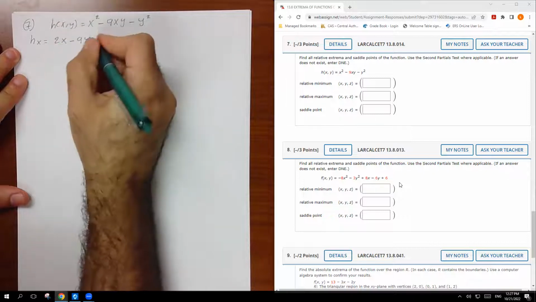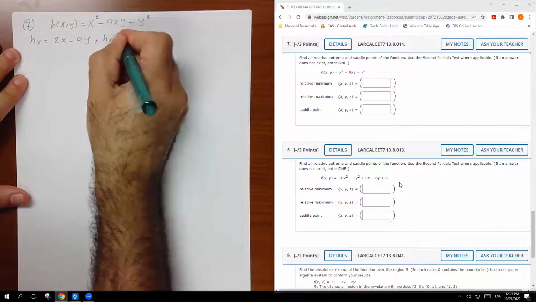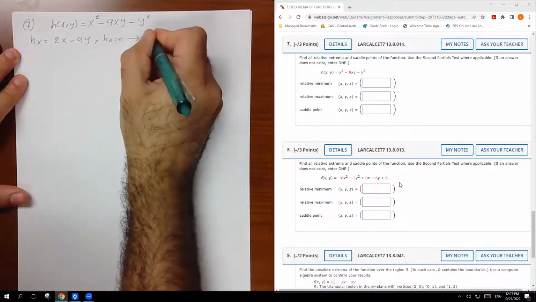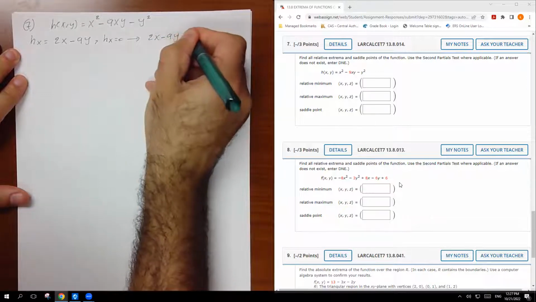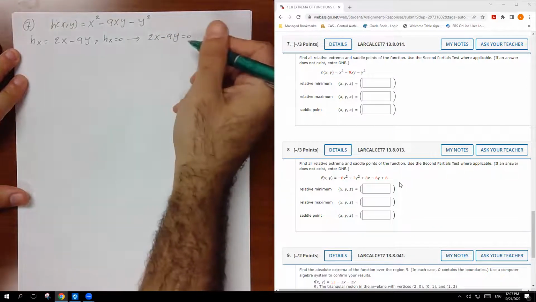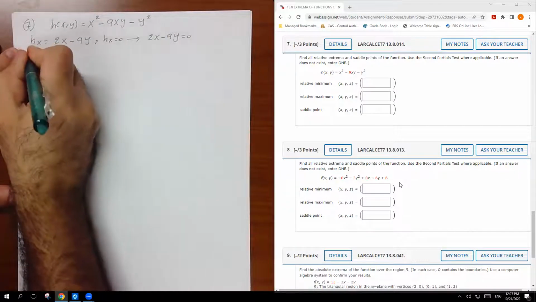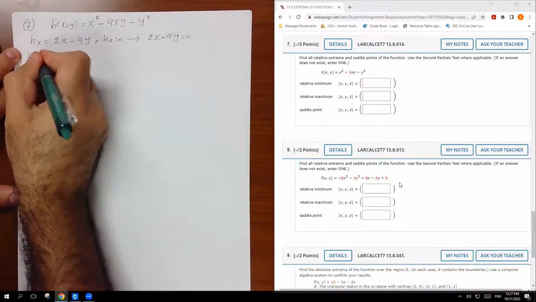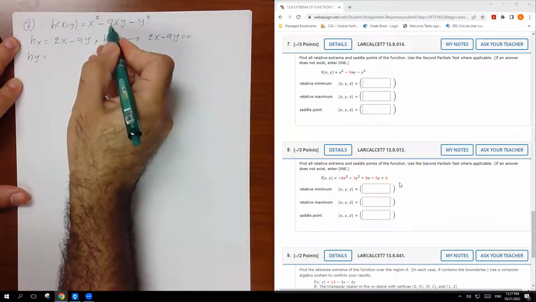Let's set this one equals 0. That means h with respect to x equals 0. So we're going to get 2x minus 9y equals 0. This is the first equation. I can solve it for x or y, so I'm going to keep it. The second one, h with respect to y, this is 0.